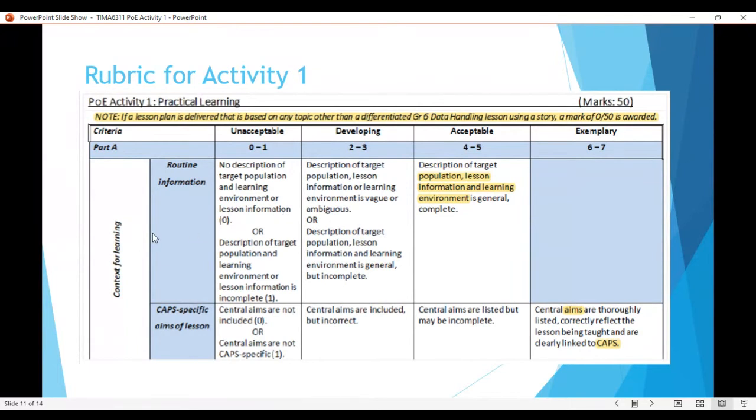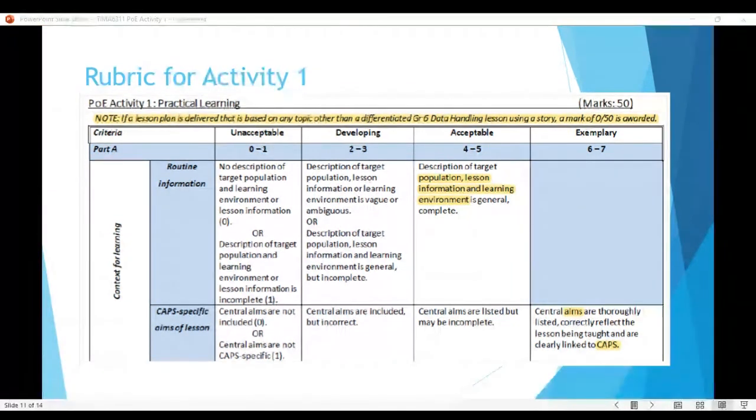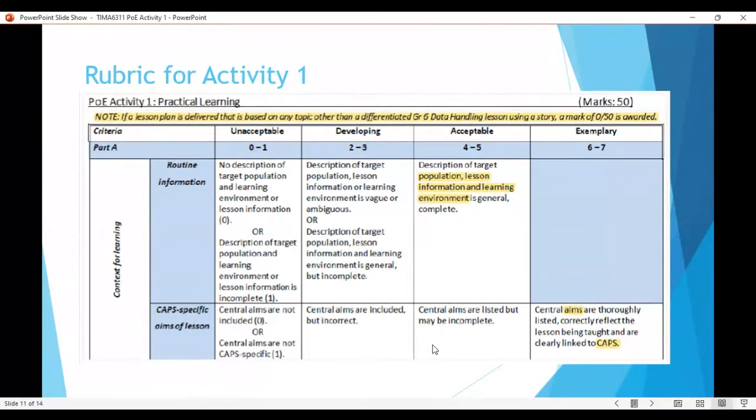Routine information, that is actually section A of your lesson plan. That is your routine information. Your population, your lesson information, your learning environment, it is complete, everything is filled out, you get 5 marks.